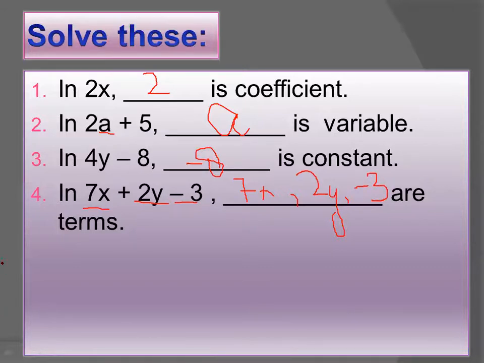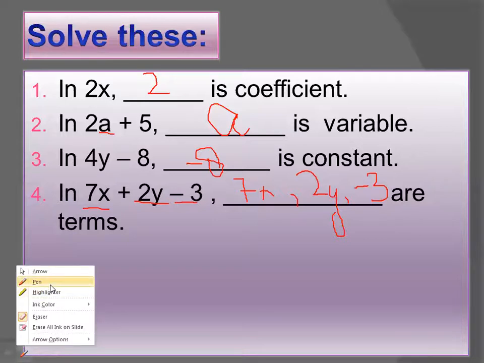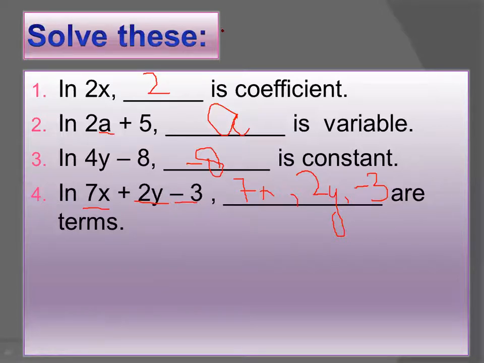If you have minus 2y here, you will write minus 2y. But here you have plus 2y, so simply you will write 2y. If it has a minus sign, you will write minus 2y. Is that clear? Students, I'm asking you, is that clear? Okay, now moving on to the next one.